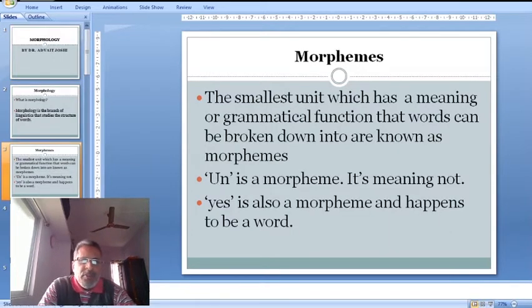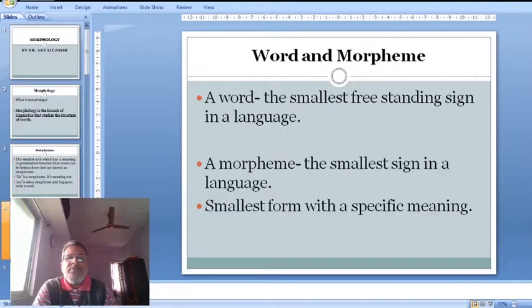What is a morpheme? A morpheme is the smallest unit which has a meaning. Look here, it is the smallest unit, but it has a meaning or a grammatical function. Words can be broken down into morphemes. "An" is a morpheme, its meaning is "not". "Yes" is also a morpheme and happens to be a word.